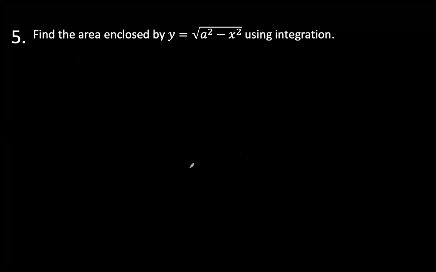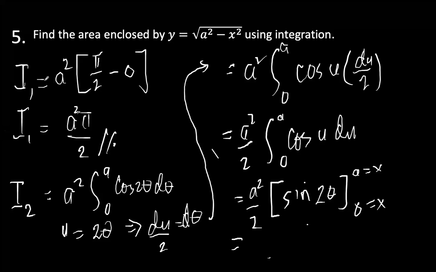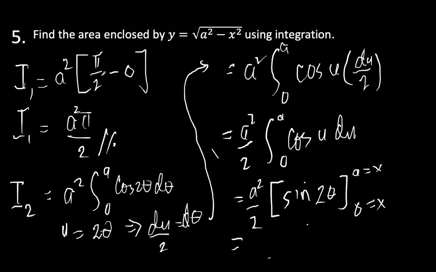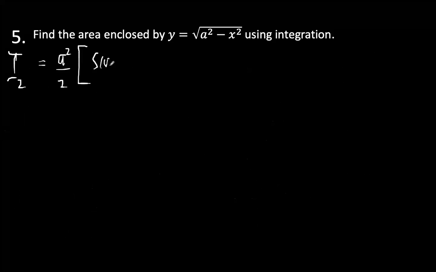Okay, all right, so we have again integral 2 is equal to a square over 2. Okay, let me rewrite that. Sine 2 theta, evaluated from 0 to a, which are values of x. And for us to convert this into x, we need to use an identity.